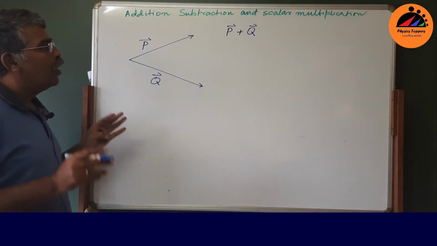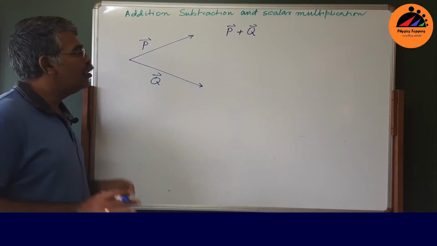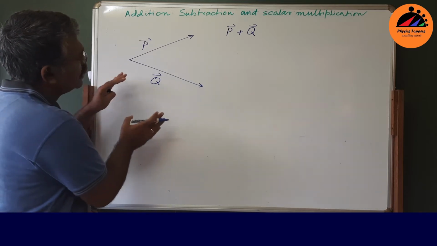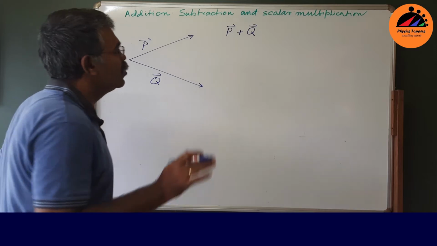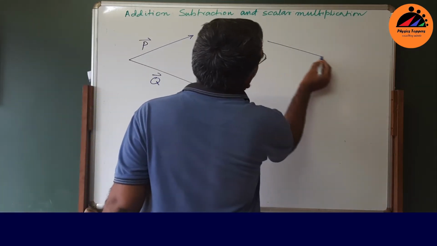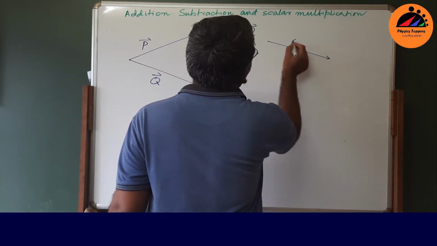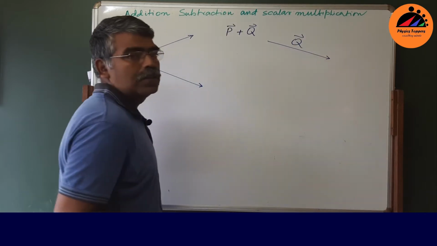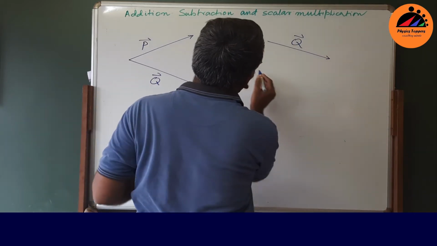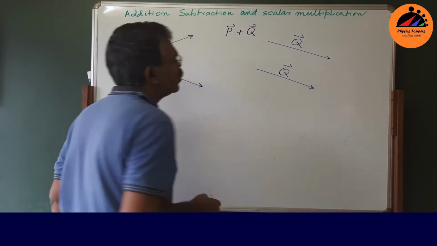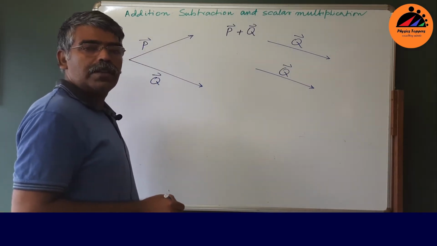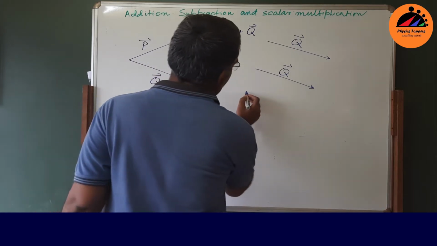First, there are few things which you need to know. If you translate a vector keeping it parallel to itself, the vector doesn't change. How? Well, suppose this is q vector, right? And you translate this keeping it parallel to itself. This is also q, right? This is also q.